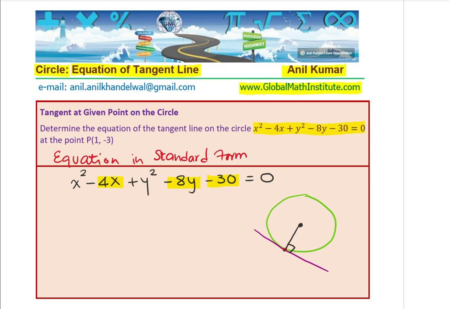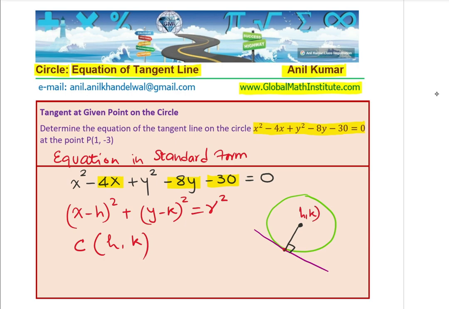Well, you could find the center if you could write the equation as (x minus h) whole squared plus (y minus k) whole squared equals r squared. In that case, you know the center will be the point (h, k), right? Now from this quadratic equation, how do we find it?